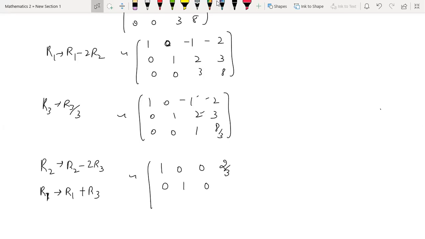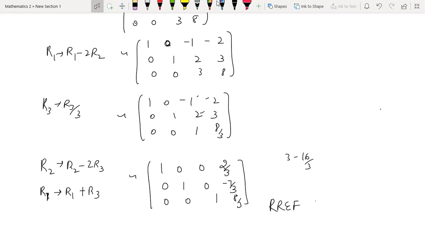Then 0, 1, 0, it's 3 minus 16 by 3, so that is minus 7 by 3. Then 0, 0, 1, 8 by 3, right? So it's done. It's the row reduced echelon form. All of you will agree this is row reduced echelon form. No further reduction is possible, right?